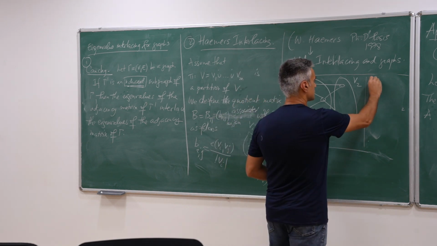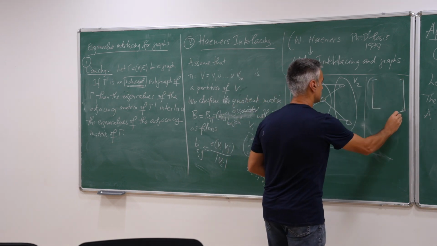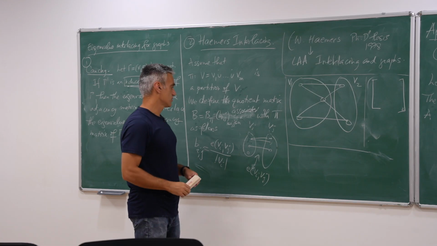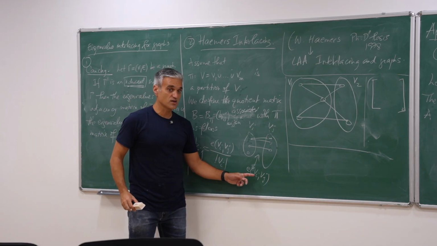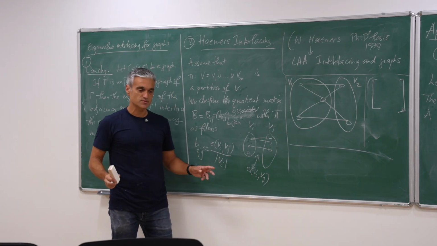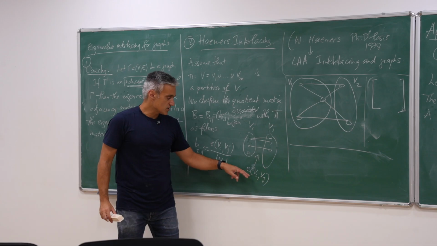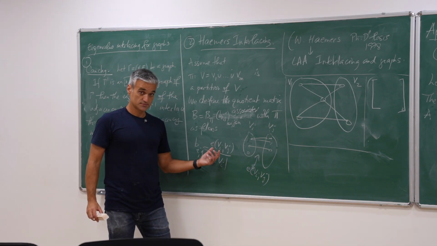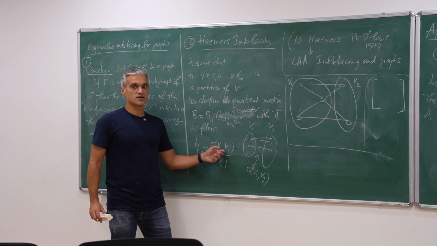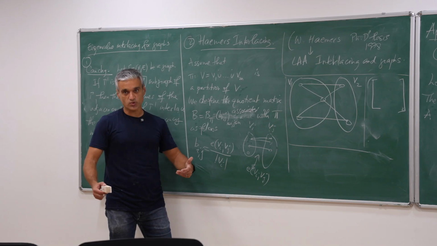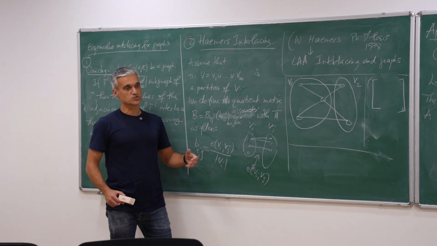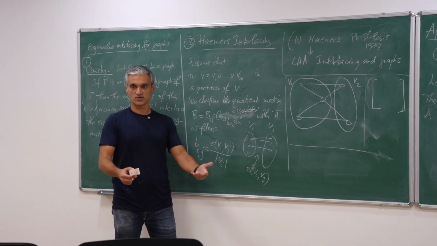So what will be the matrix here? The same thing as before. If Vi and Vj are the same, then it counts the number of edges twice. So on the diagonal entries, you get the average degree inside Vi.